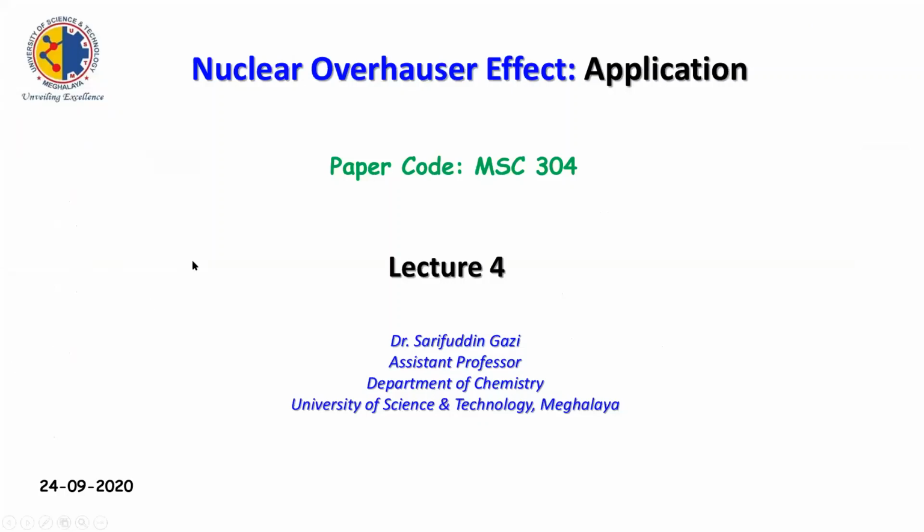So today's class will be mostly the discussion pending on nuclear Overhauser effect and its application. In the last class, we tried to understand how the enhancement occurs by nuclear Overhauser effect.